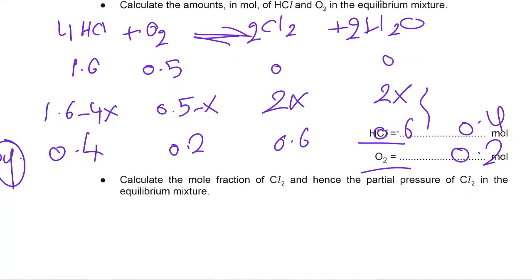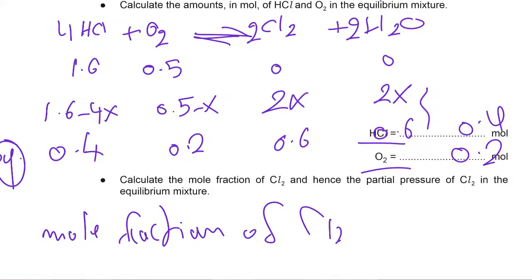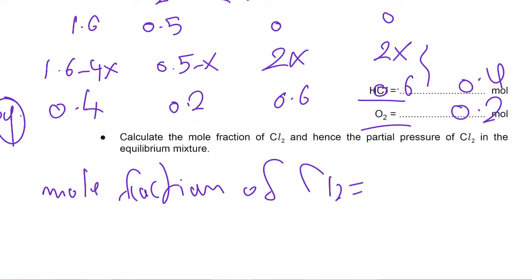Calculate the mole fraction of Cl2 and hence the partial pressure of Cl2 in the equilibrium mixture. Okay, so the mole fraction of chlorine equals what? How many mole of chlorine? You have 0.6 over all of them, because all of them are mixed in one container.